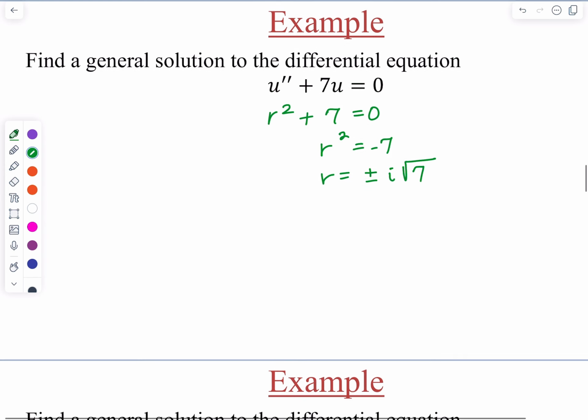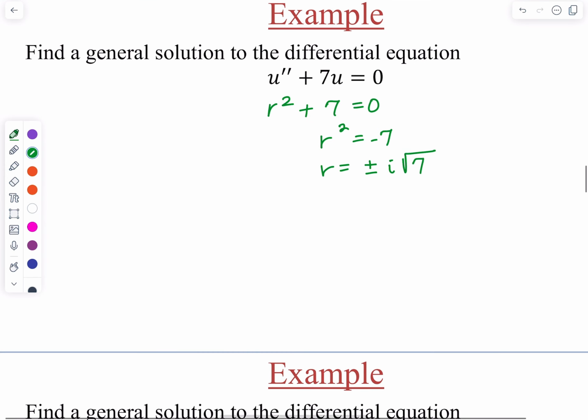So we have alpha equal to 0 and beta equal to root 7.